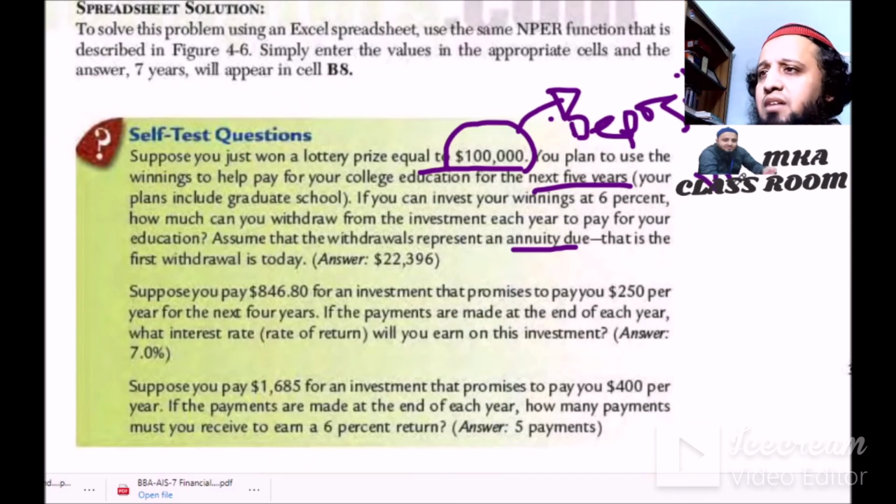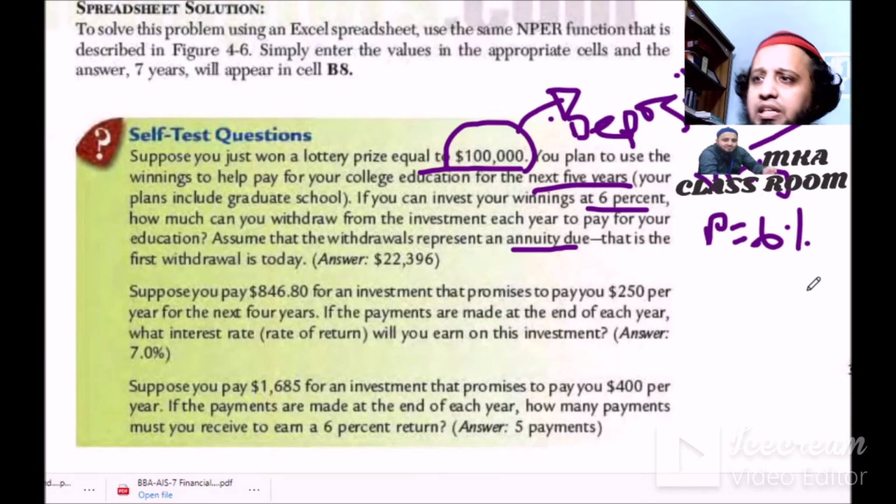So the value of N equal to 5, and your bank provides you an interest rate of 6%. Now the question is, in each year how much amount will you withdraw from your account to meet your educational tuition fee, and your first payment starts from today.